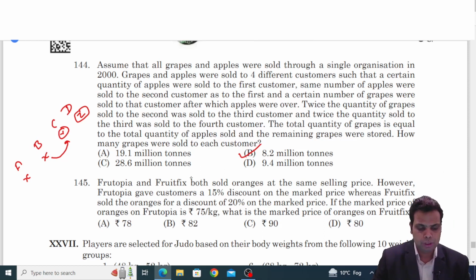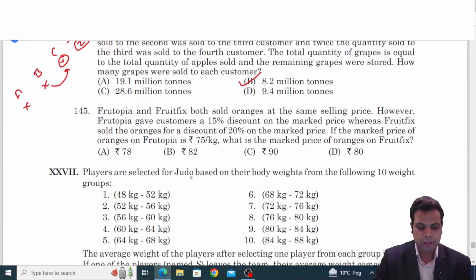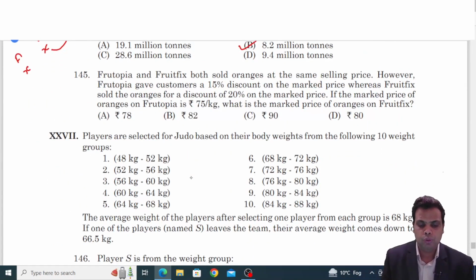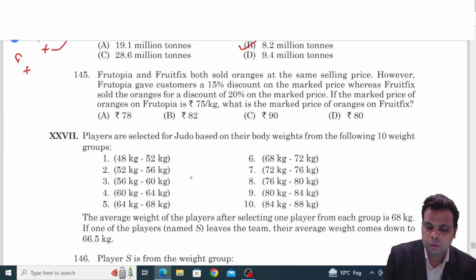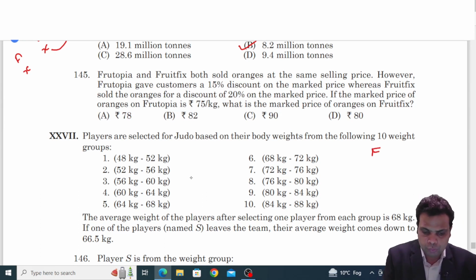Now question number 145, that is Fruitopia and Fruit Fix. Both sold oranges at the same selling price. However, Fruitopia gave customers a 15% discount. Now, do one thing. In this question, I am writing Fruitopia, and this is Fruitopia, and this is Fruit Fix.